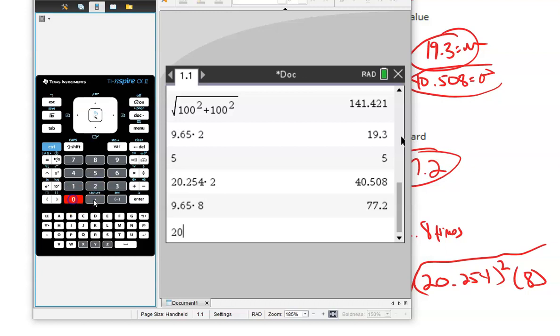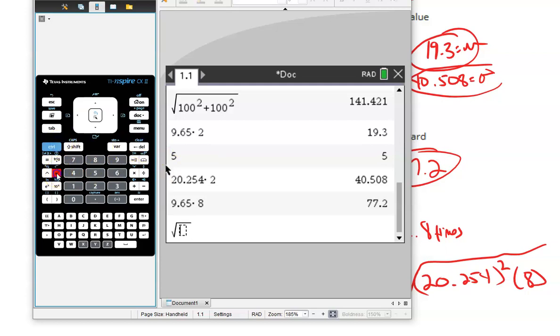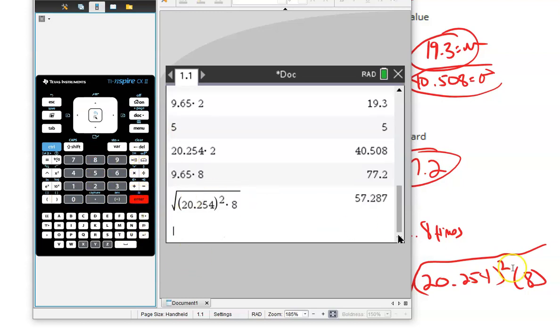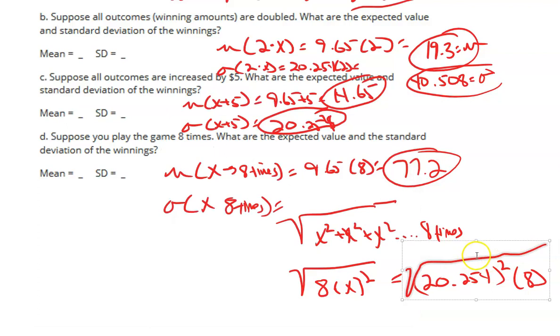Oops, we need to square root everything. The square root of 20.254 squared times 8, and I get 57.287.